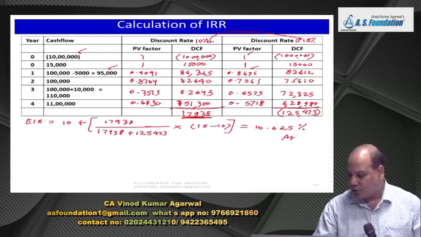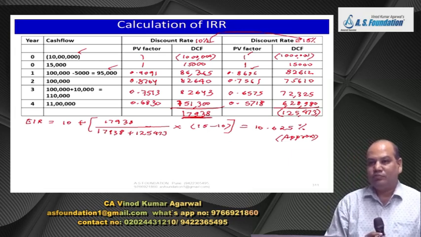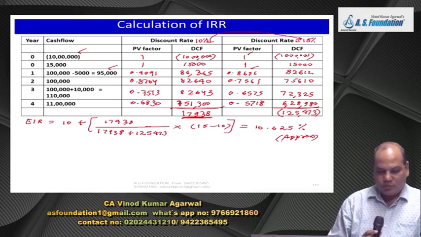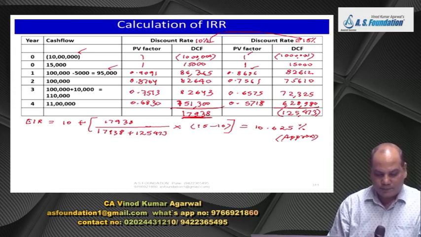Is it right? Approximately right. 10.625%.